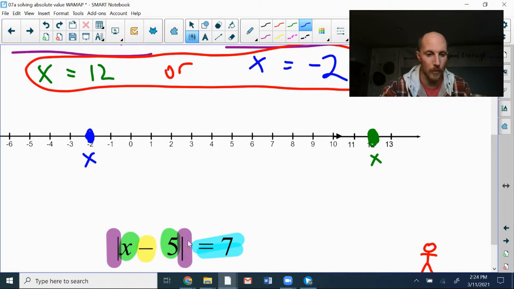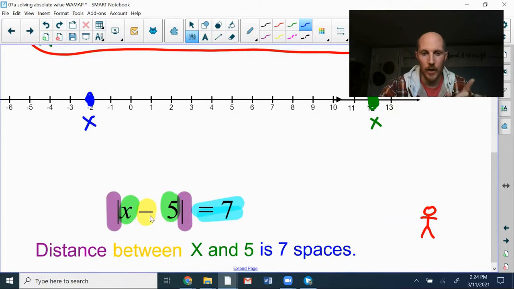So absolute value in purple means distance, right? The yellow subtraction, we could translate that to mean between. And then inside the lines, those are the 2 points we're finding the distance between. It's x and 5 that are in there. So we're finding the distance between x and 5 on the number line. That distance is 7 spaces.